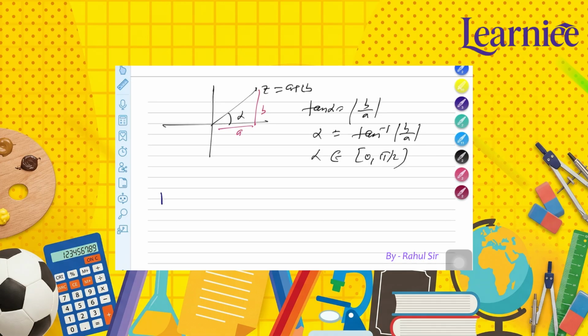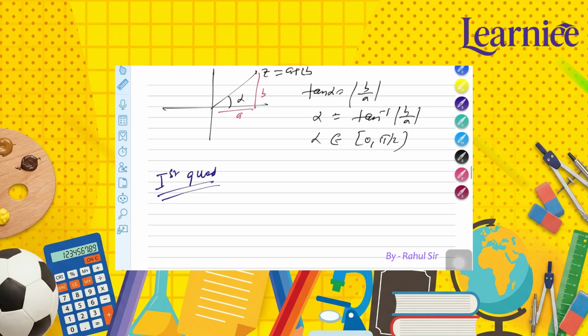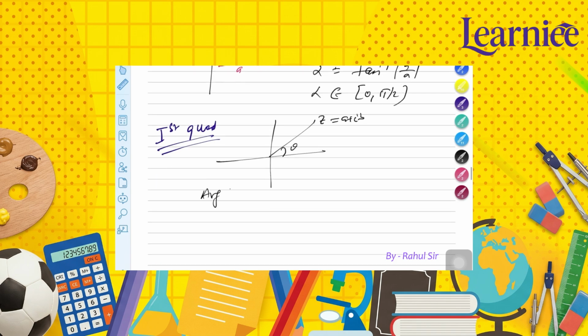So let's talk first about the first quadrant. In the first quadrant, somewhere here, we have a plus ib. The argument of z is theta, but since tan alpha is b by a, and both b and a are positive, alpha is tan inverse b by a.